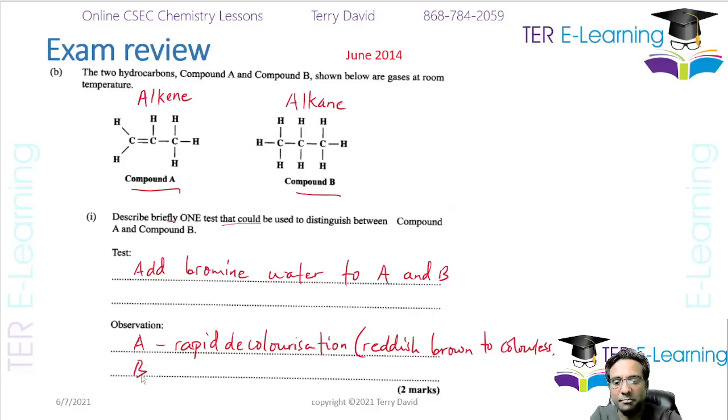And in the case of B, we get no reaction, or no color change. Now this is one reagent that we could use.